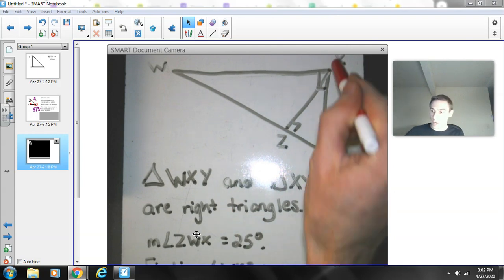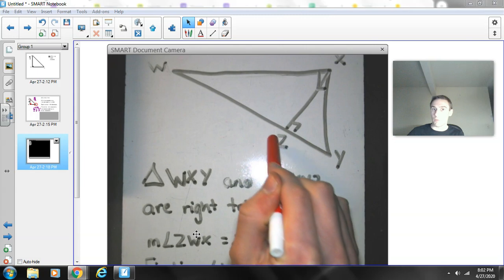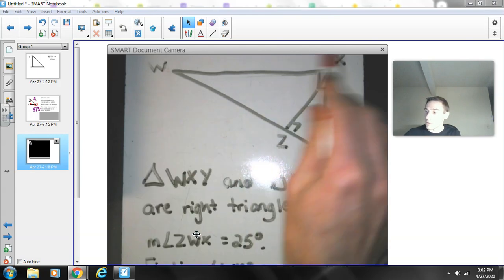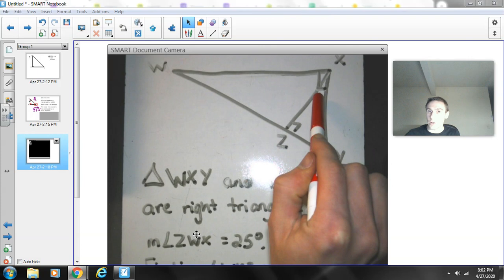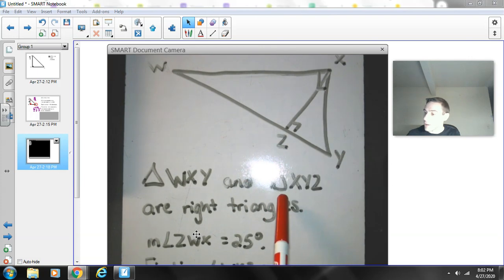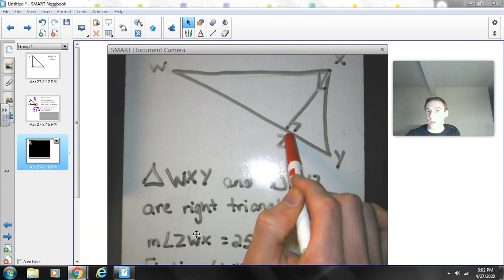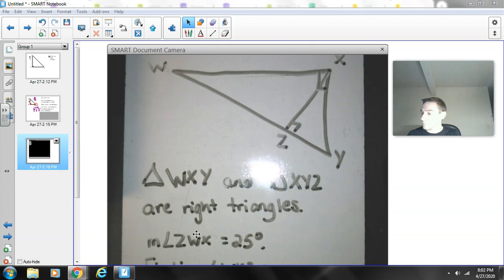So I'm going to start at X, go over to Y, go over to Z, back to X. Both of these are right triangles. Okay, and for that reason, I told you WXY is a right triangle right here, and triangle XYZ, the right angle is right here. Okay, ideally this name should have been XZY, but that's okay.